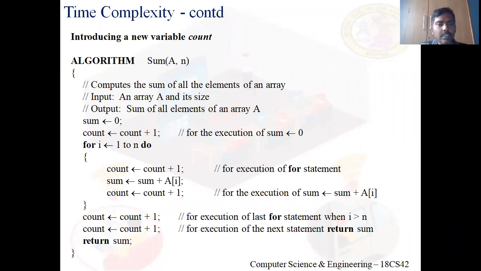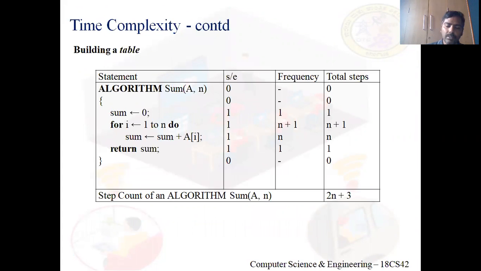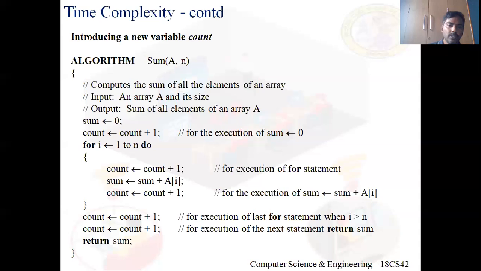So see here, in this algorithm, the first statement is sum equal to 0, right? Immediately after sum equal to 0, I have used count equal to count plus 1. Got it? Why? Because sum equal to 0 got executed, I want that to reflect in count by incrementing it by 1. I've done it. So next, initially for I equals 1, the for statement gets executed.